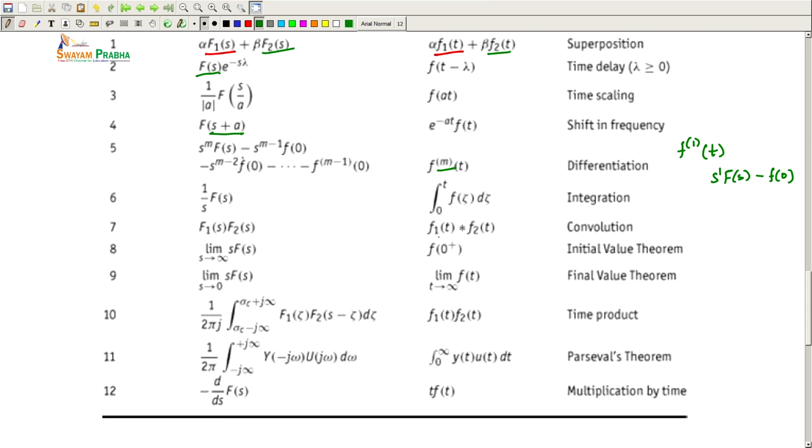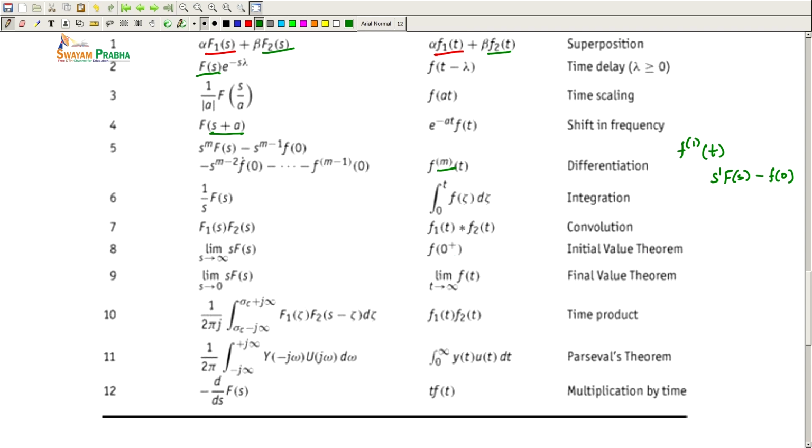In that case, for the convolution in the time domain, the corresponding Laplace transform is basically just a multiplication of the two Laplace transforms corresponding to f1 and f2. So, basically convolution in the time domain is multiplication in the Laplace domain, which is very useful in mathematical representations of control systems.